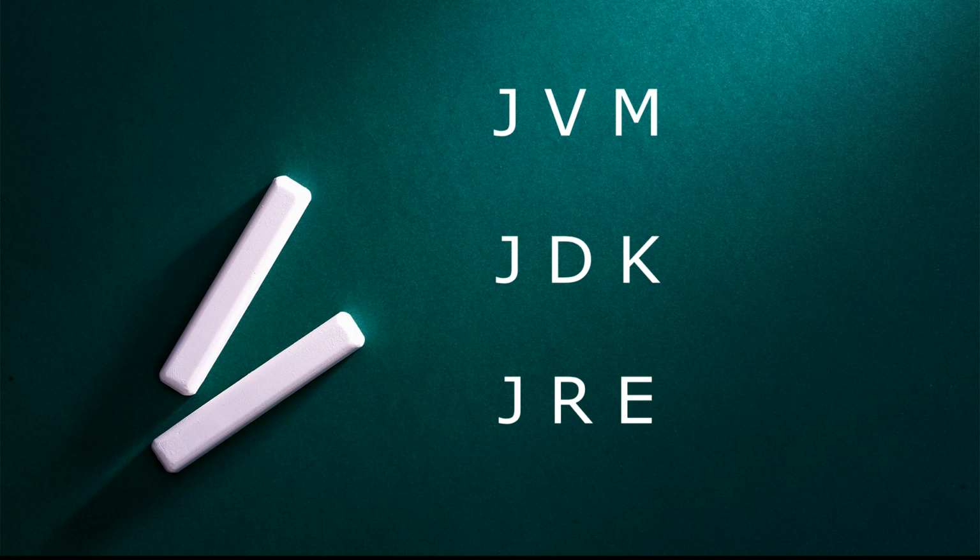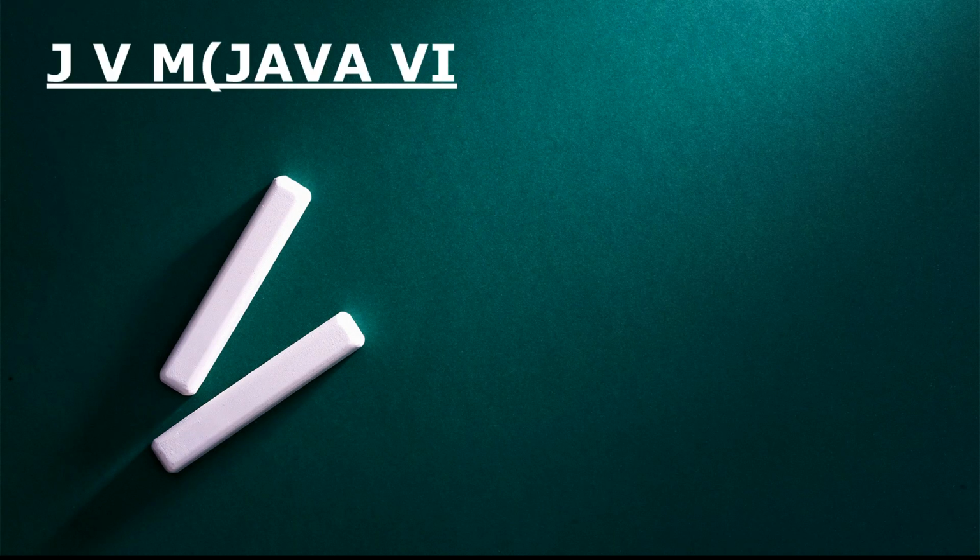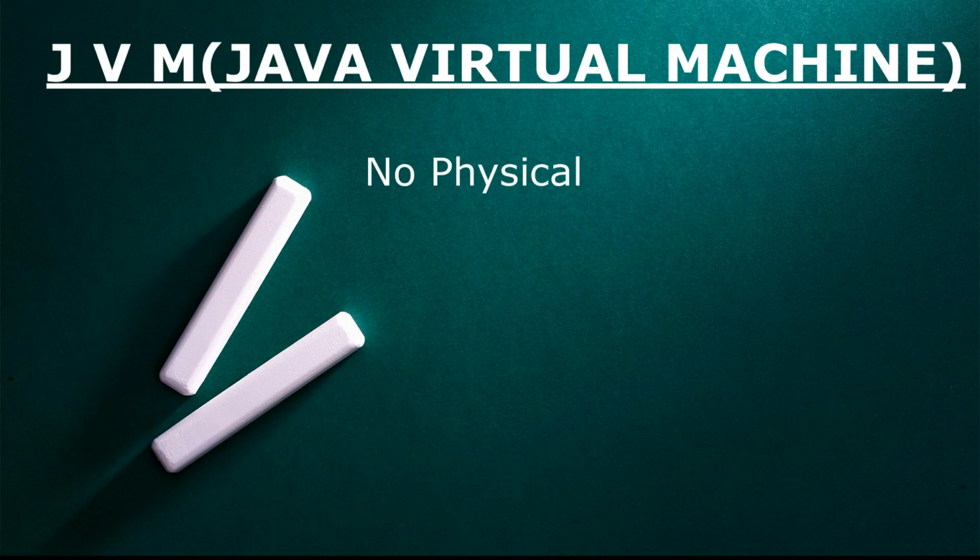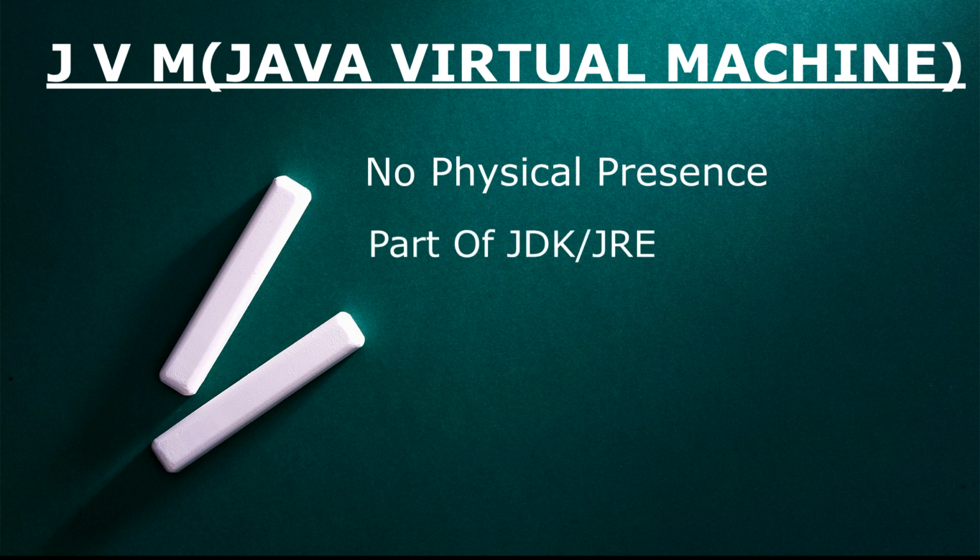JVM is Java Virtual Machine, which doesn't have any physical presence in your operating system. It comes with JRE or with JDK. I'll explain the detail later. JVM helps you to run compiled bytecodes.